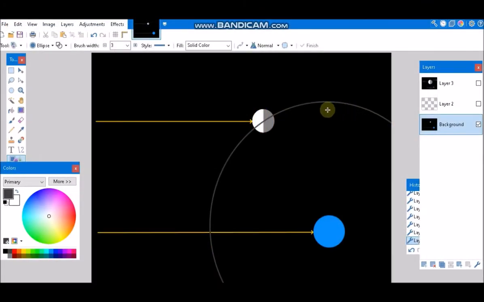As you can see here, this is the Earth and this is the orbit of the moon. The direction of the sun is to the left of the screen, and you can see half of the moon is being lit. But from the Earth's perspective, we don't see half the moon being lit. We see something like this.